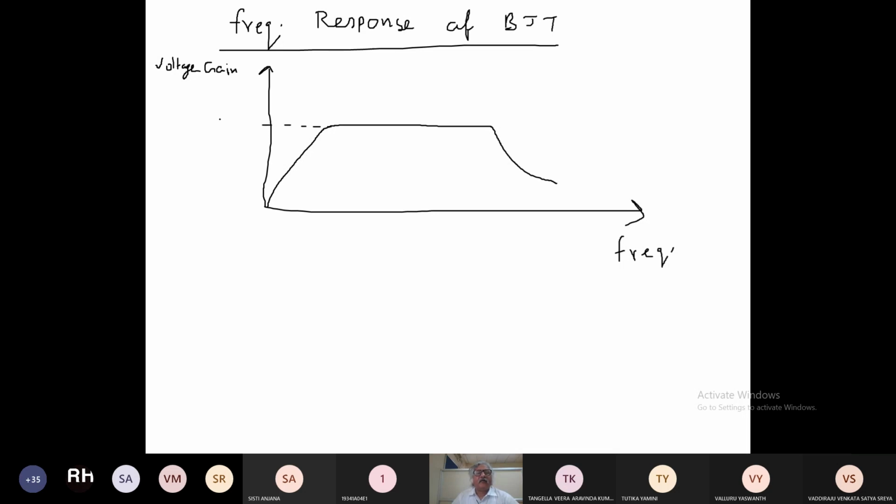This is our maximum value of the voltage gain, and this frequency is FL, and this frequency is FH. At these frequencies, the voltage gain is 0.707 AV. Okay.